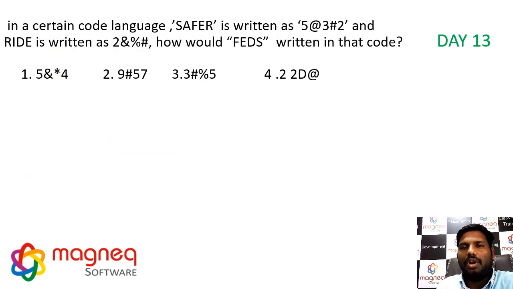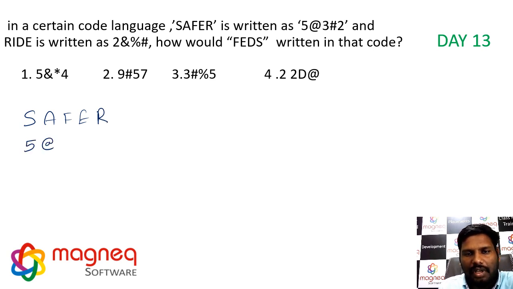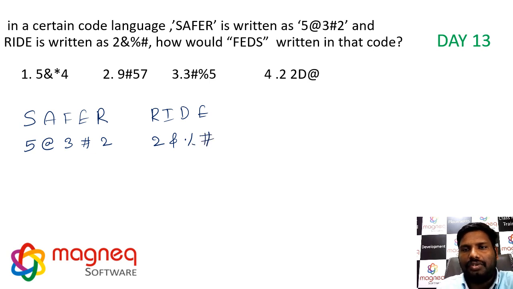In a code language, SAFER is written as 5 at the rate of 3 ash 2, and RIDE is written as 2 and percentage ash. How would FEDS be written in that code?